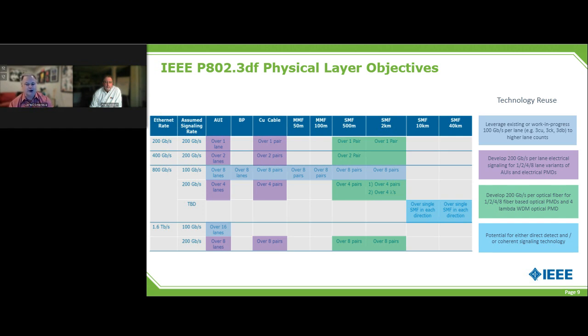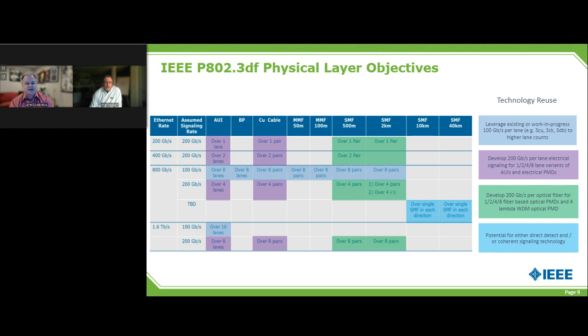We'll have our normal arguments about budgets and what the exact numbers are, but that's very different than the 10 and 40 kilometers. If you look at most of optics in Ethernet today, they use a direct detect optical technology, but there's also another technology that's used for the telecom space, which is called coherent signaling. And that's more for longer reaches.